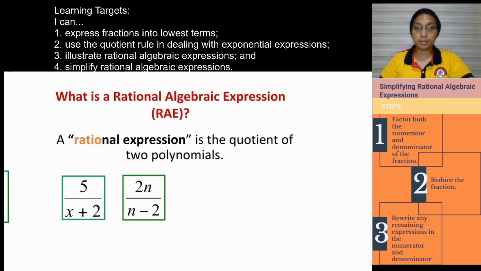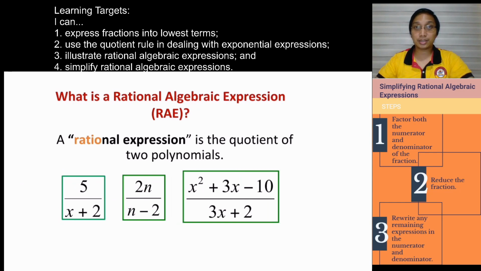These are some examples of your rational algebraic expression, or what we call RAE. So 5 over x plus 2 is a rational algebraic expression. 2n over n minus 2 is also a rational algebraic expression. And x squared plus 3x minus 10 over 3x plus 2 is also a rational algebraic expression.